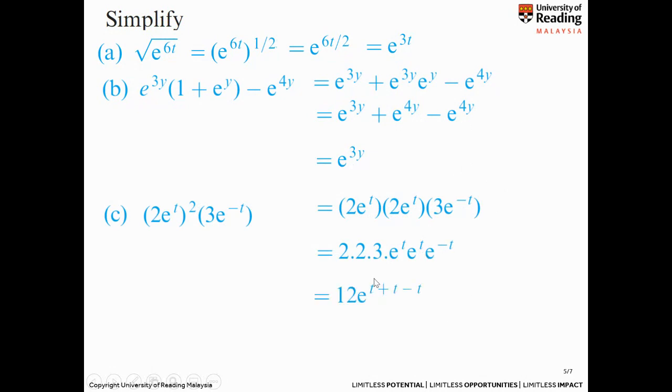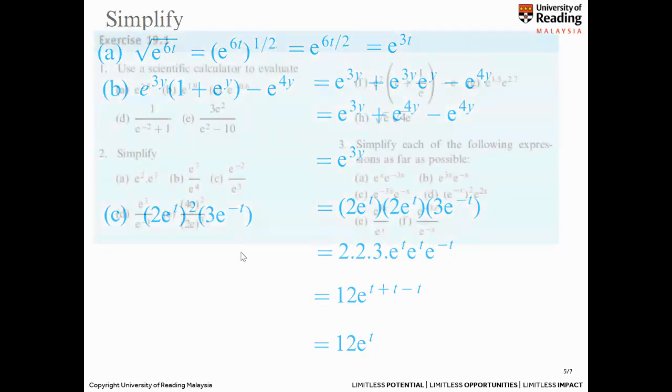Right? 2 times 2 times 3 gives 12. Then t plus t minus t should give you 12e to the power t. Of course, you may not do it this way, it is so tedious. You can straight away expand the first bracket to get 4e to the power 2t, then simplify with the second bracket. There is more than one way of doing this.